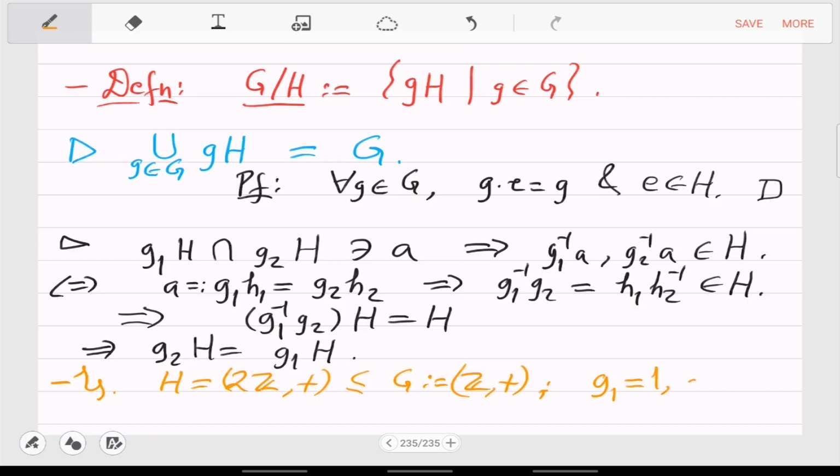Just maybe 1, and G2 is 2. So what is G1H? G1H is specialized to 1 plus 2Z. And G2H is specialized to 2 plus 2Z. Right, because remember this G1 star H, but the star in this case is addition. So G1H is actually 1 plus multiples of 2, and G2H is 2 plus multiples of 2.